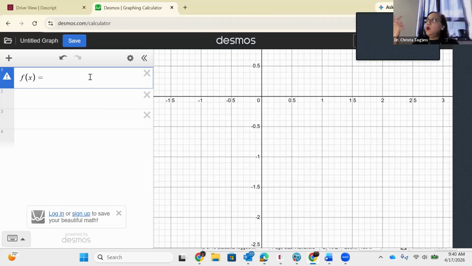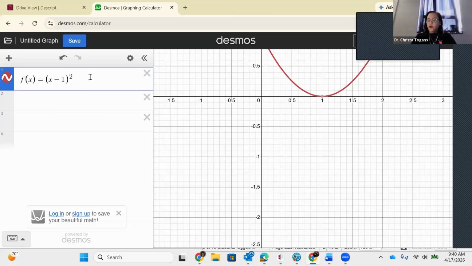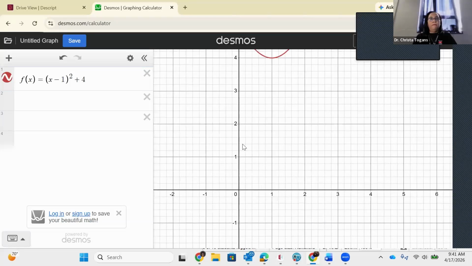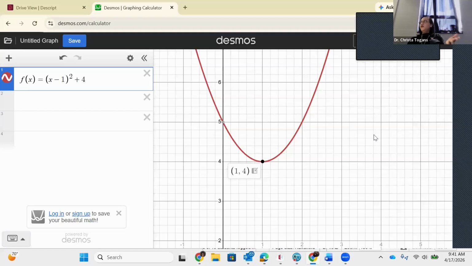Okay. The vertex is 1, 4. Then (x minus 1) squared plus 4. Yeah. So you see this? So that is the vertex form.